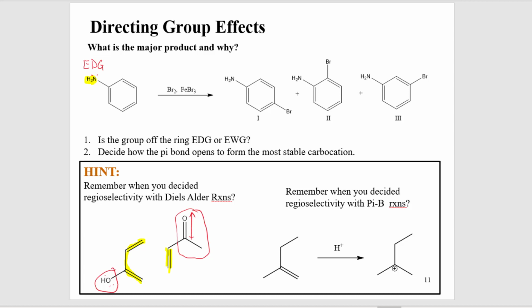Consider an alkyl group with an alkene at one end that does pi base chemistry. You have already done this where you've opened up the pi bond to form the more stable carbocation, and it was tertiary.